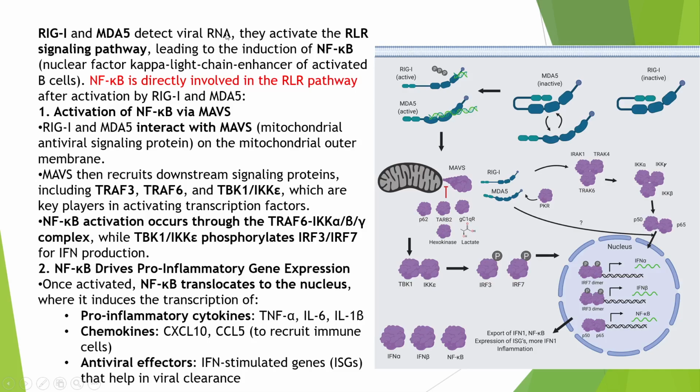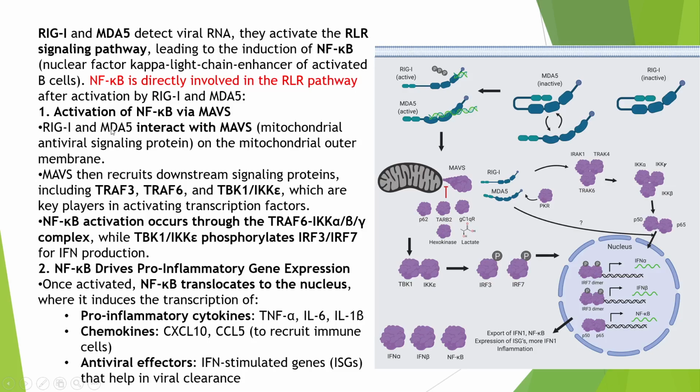They detect viral RNA and activate the RLR signaling pathway, leading to the induction of NF-kappa B. NF-kappa B is nuclear factor kappa light chain enhancer of activated B cells. This is part of your cytokine response. NF-kappa B is directly involved in the RLR pathway after activation of RIG1 and MDA5. How this happens is that first, activation of NF-kappa B occurs via MAVS, the mitochondrial antiviral signaling protein.